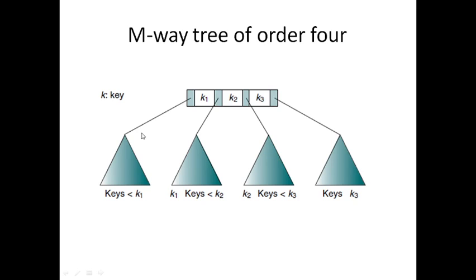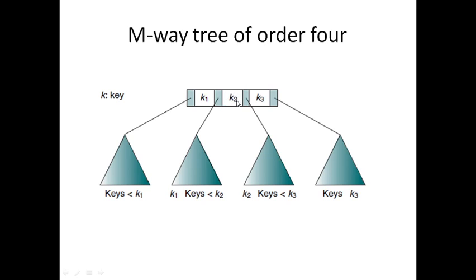So this is how the M-way tree is going to be constructed. We will have multiple entries in each node. We can see here that it's a single node, but we have 3 keys inside that particular node, and there is a left subtree and a right subtree for K1, following the order that the keys on one side are less than K1 and the keys on the other side are greater than K1.